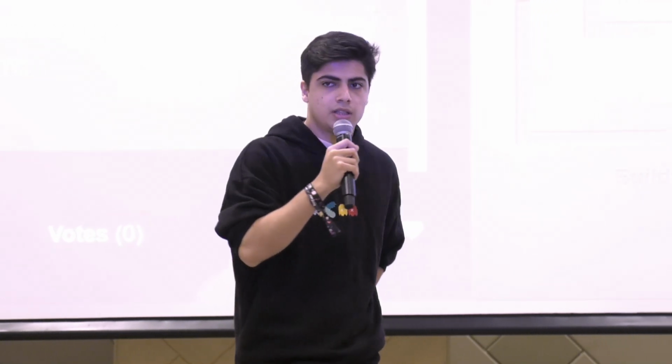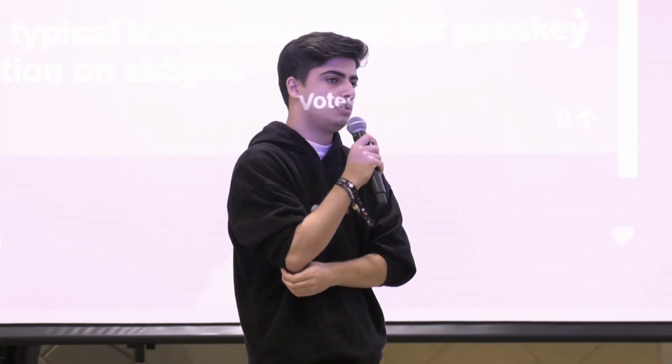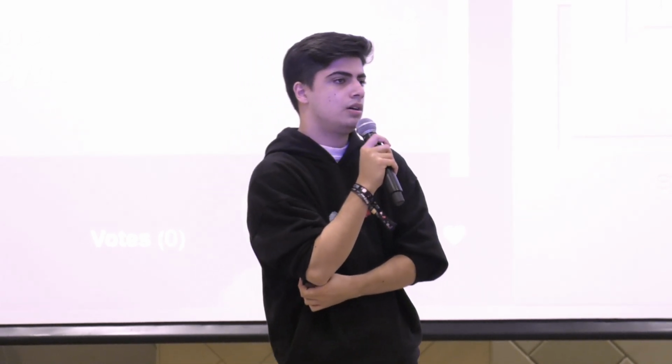So the contracts that I showed are designed in a way that you can add modules to your contract. And one of the modules that we built before is the social recovery. The social recovery contract simply helps you to recover your accounts using your friends.